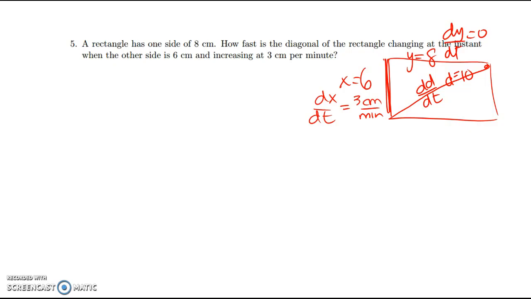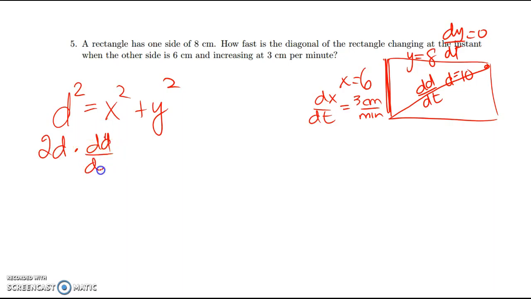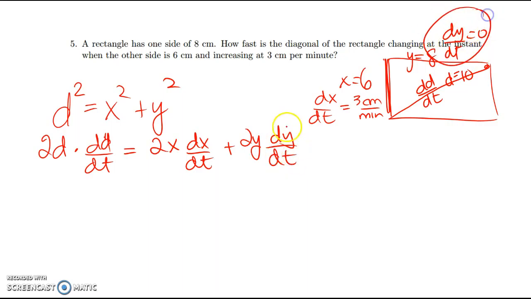So, if we take the equation that the diagonal squared equals x squared plus y squared, let's differentiate with respect to t. So this is 2d dd dt equals 2x dx dt plus 2y dy dt. Now we said up here dy dt is 0, so this term will drop out.